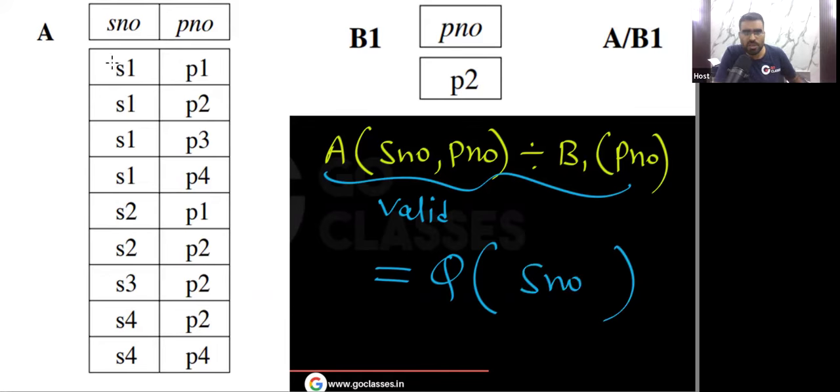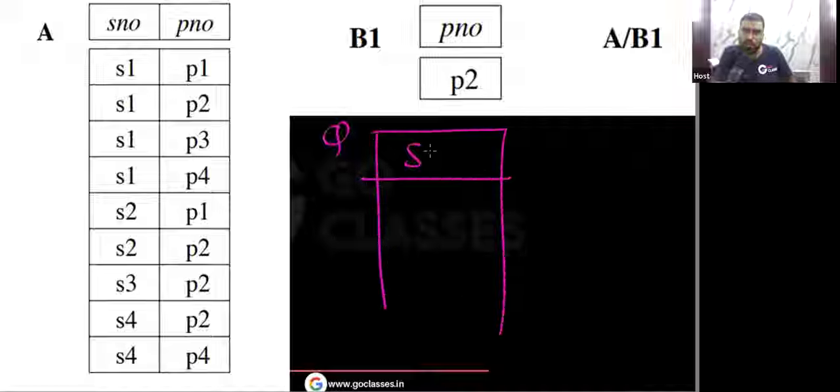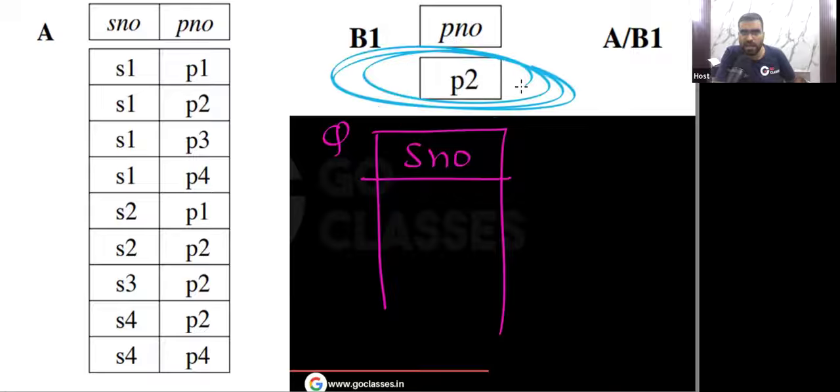Means those S values which pair with every B1 dot P number. Yes or no? So remember, the answer, the quotient, will have S number. So remember those S numbers which pair with every B1 dot P number.